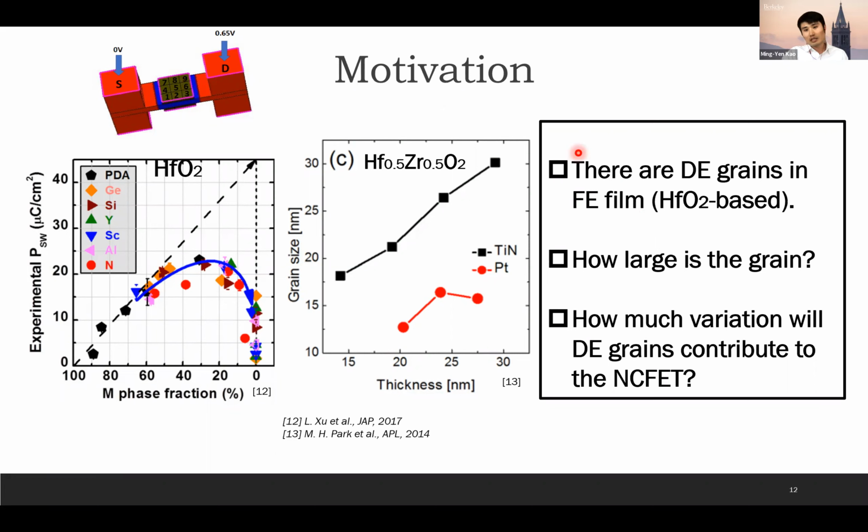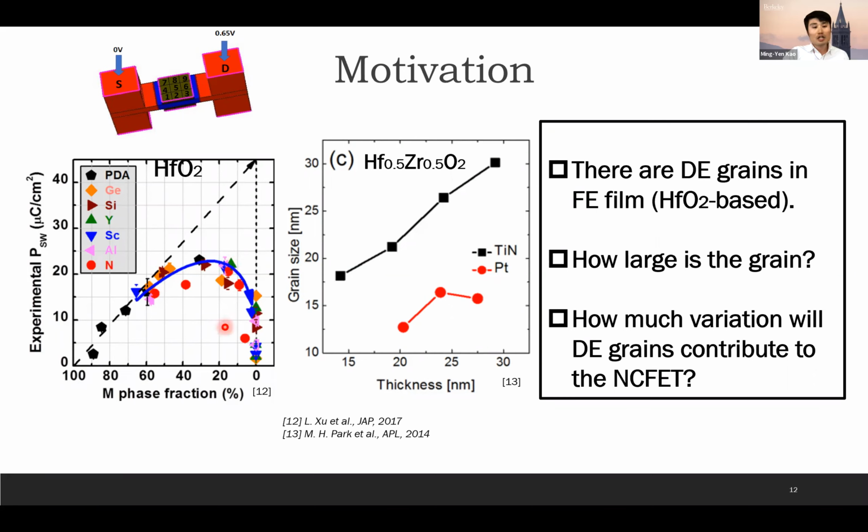The first assumption: there are dielectric grains in the ferroelectric film. If we look at this remanent polarization versus the monoclinic phase fraction, here we need some remanent polarization to have the characteristic of FE to make use of the NC. So we have to have some amount of that. For example, we need 20 microcoulomb per centimeter squared.